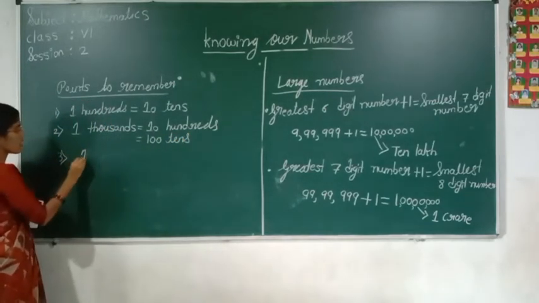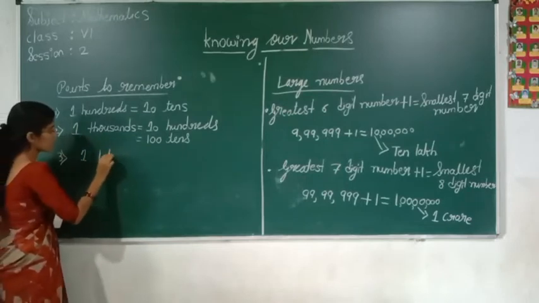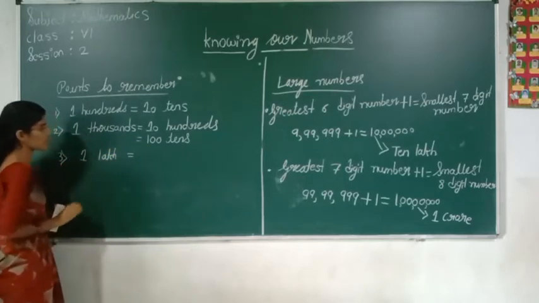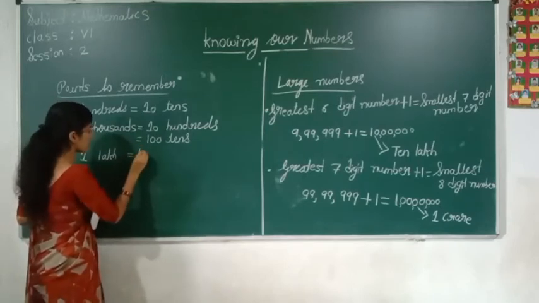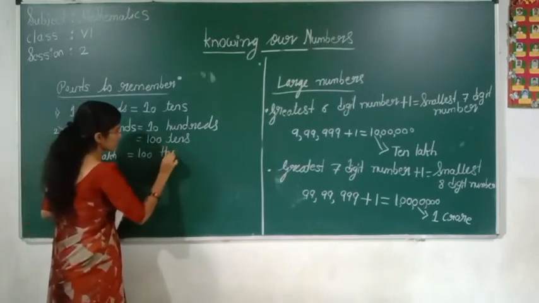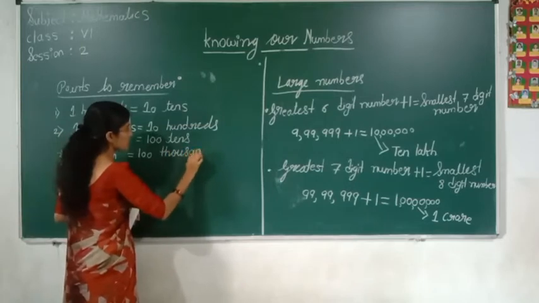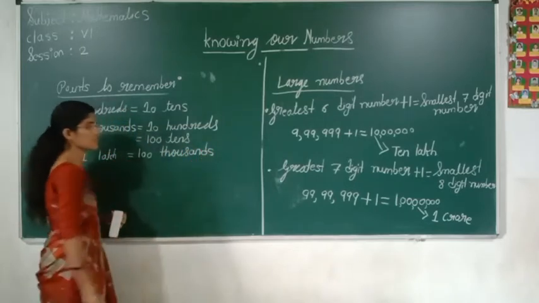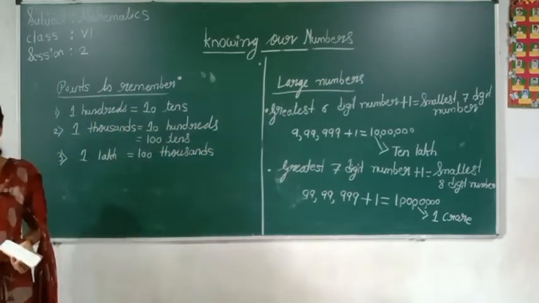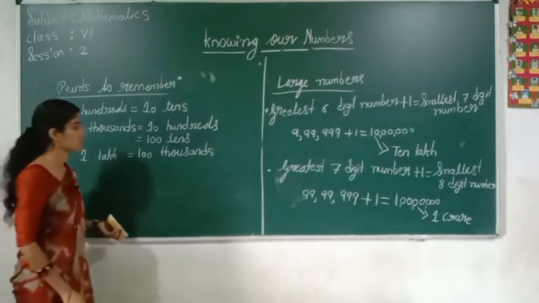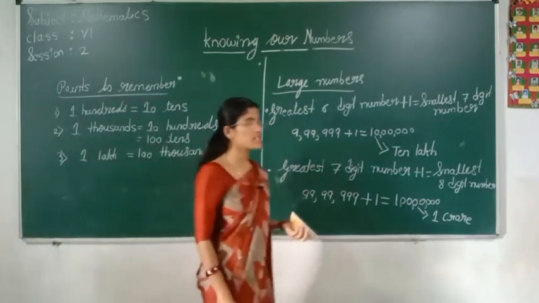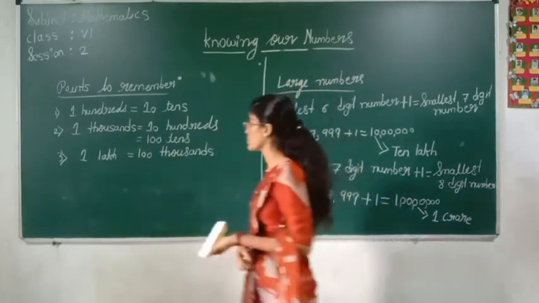Now how can we write 1 lakh? 1 lakh can be written as 100 thousands. 1000 is the smallest 4-digit number, yes or no?